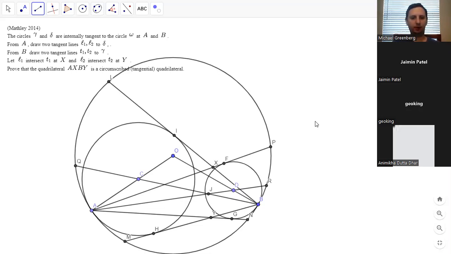Maybe we could use Ptolemy's theorem. So AX is AF minus FX. Let me try something.